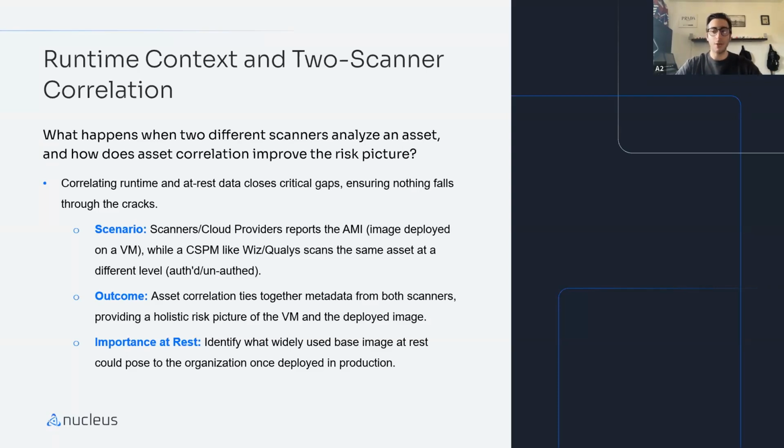This is a very common use case where you see 3 data sources scanning a host. Even AWS metadata, right? Like AWS tagging information.